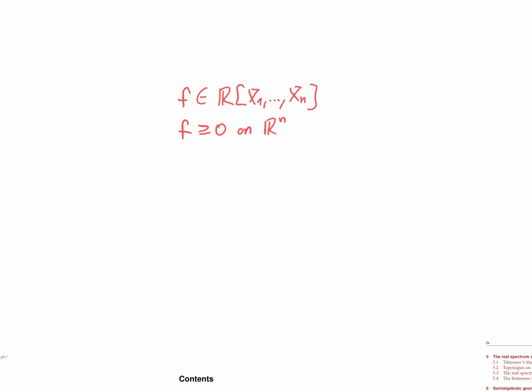So Hilbert already knew that such a non-negative polynomial is not always a sum of squares of polynomials, but he asked whether it would always be a sum of squares of rational functions. And that turned out to be true, right? So Artin proved that f is a sum of squares of rational functions.